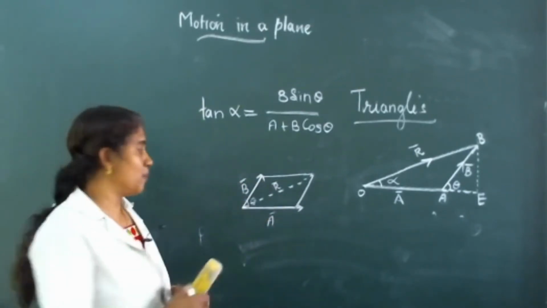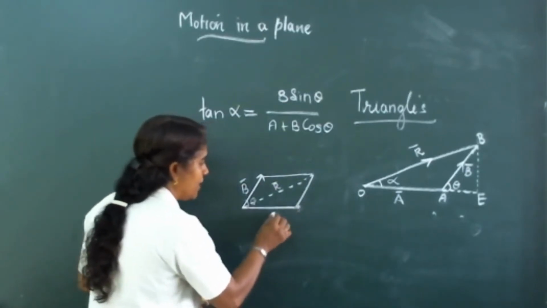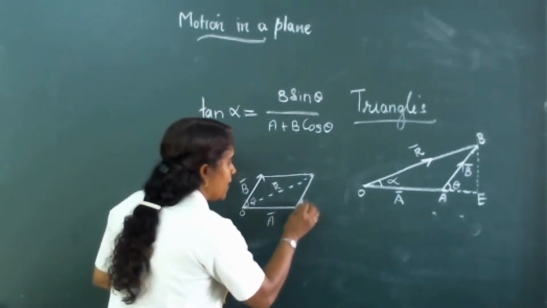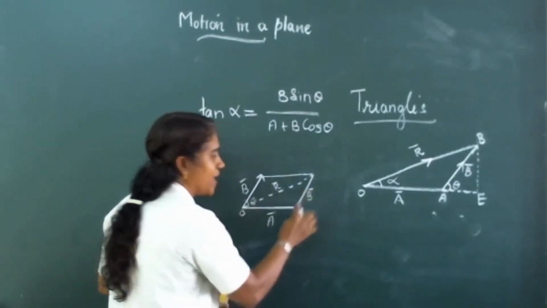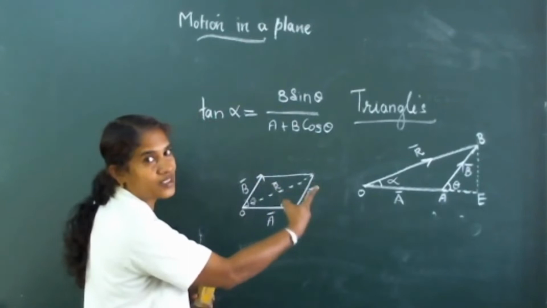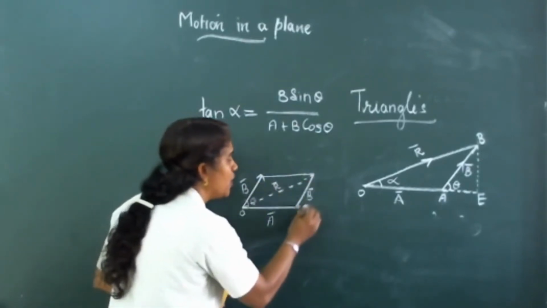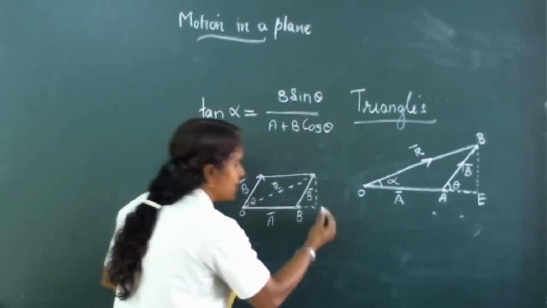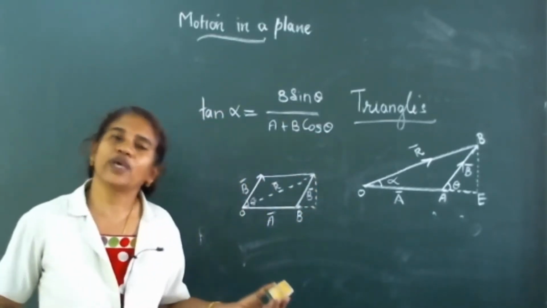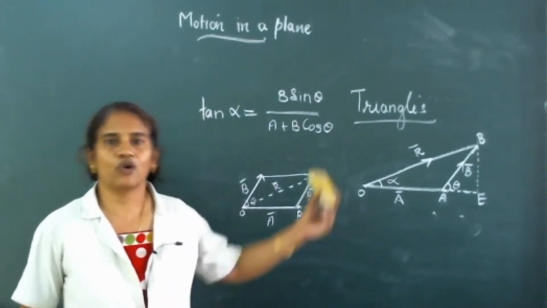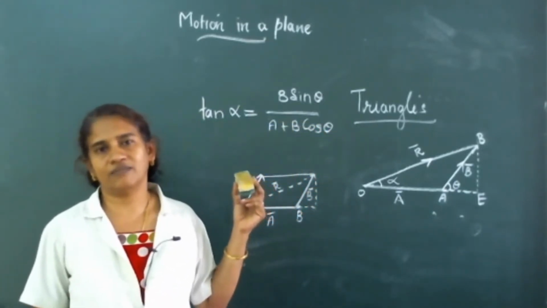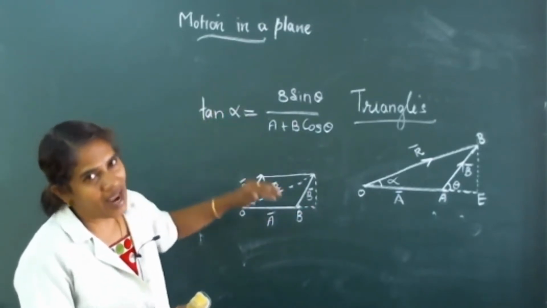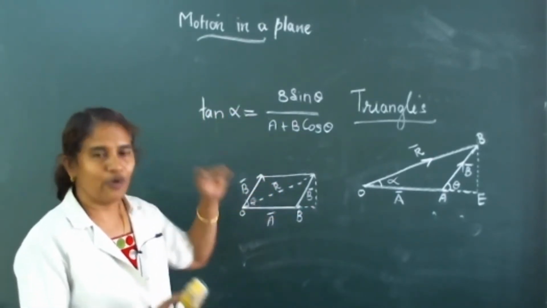If we want to take the proof of this, in a similar manner, A is the first vector, then B is the second vector. By completing the parallelogram, opposite sides are equal in magnitude. Because of that, by extending the vector A like in the triangle's case, we can prove that the result is the same as for the triangle. The statement of the parallelogram law is different, but when adding in the parallelogram manner, the answer is the same.